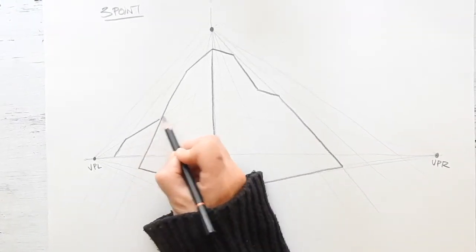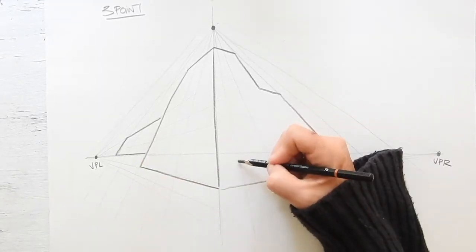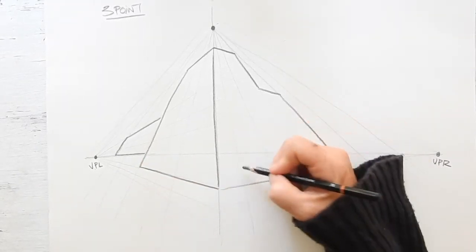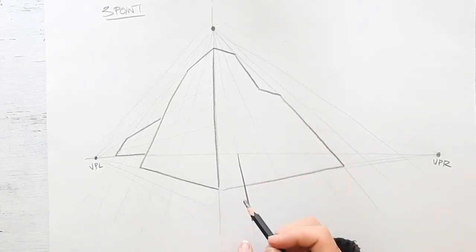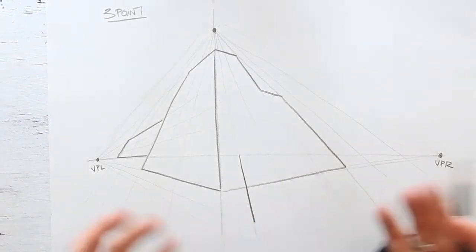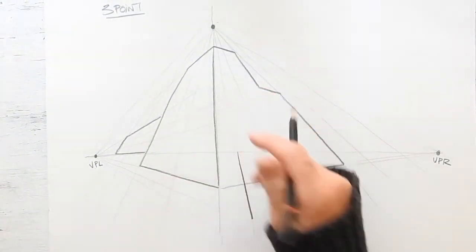And then I can draw in other shapes in relation to this. I'll maybe put one in front, and I'm going to use a different vertical edge. So the corner of this object or this building will be a little offset from this one.